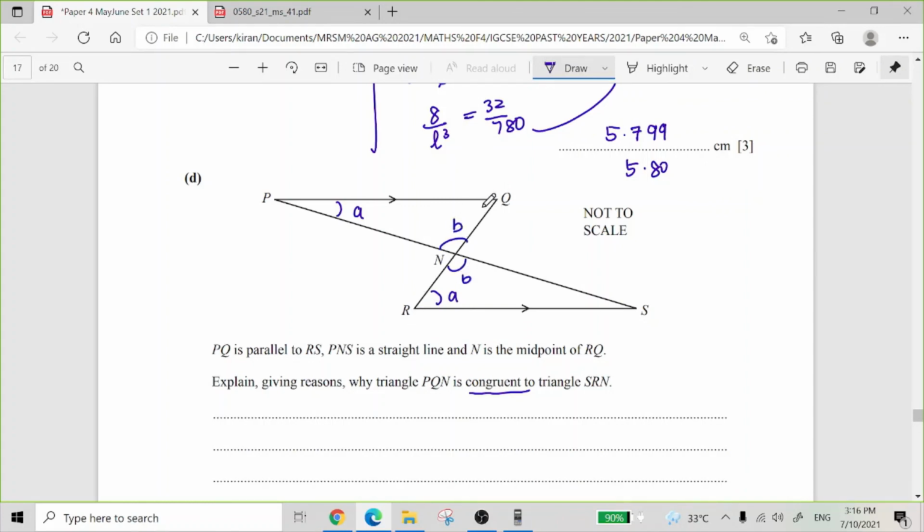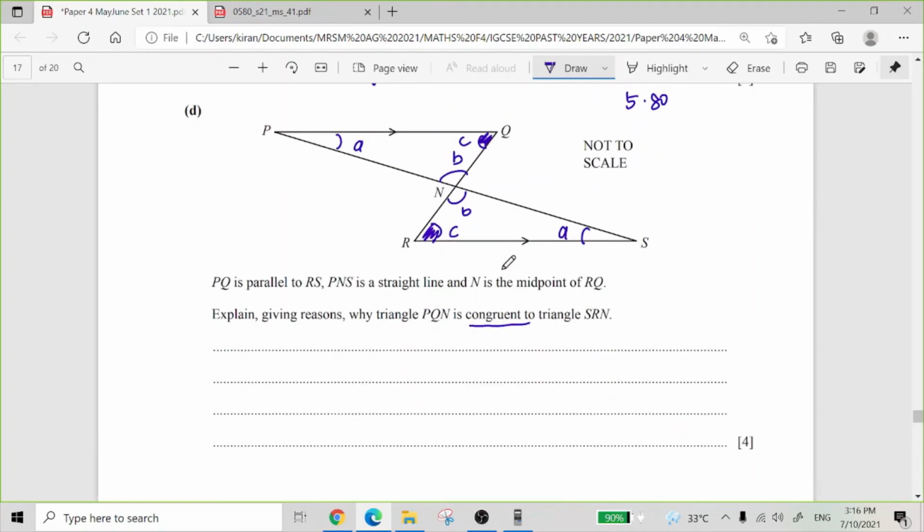Sorry, this one is not E. Okay, this one is A, so the alternate angle here is also A. This one is B, which is the opposite angle, and this one is C, this one we also get C. Okay, meaning the angles are the same. So given that, to show congruent, you must explain.